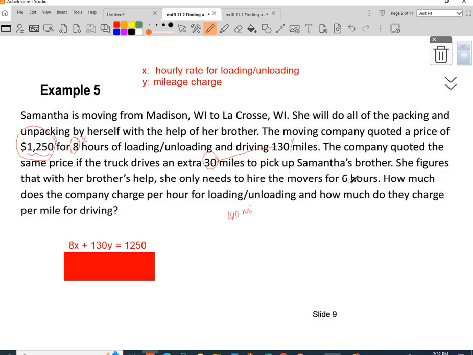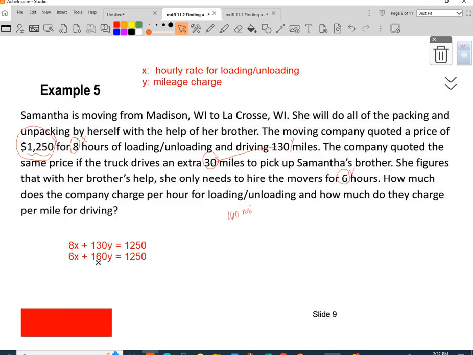But she'll only need the movers for 6 hours. So instead of 8 hours for X, that would be 6 hours for X. Okay? So the price is the same, but it'll be 30 more miles at the mileage charge and 2 less hours for the unpacking, or the unloading rather.